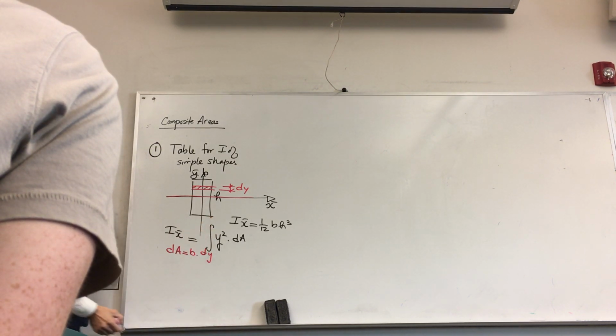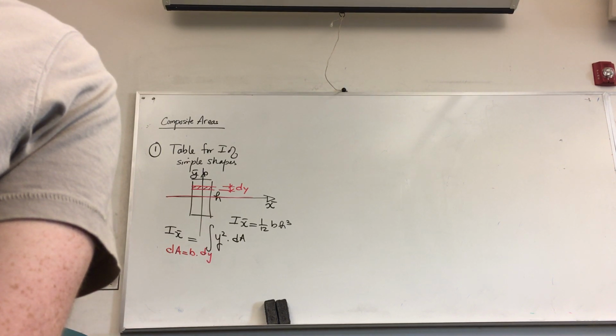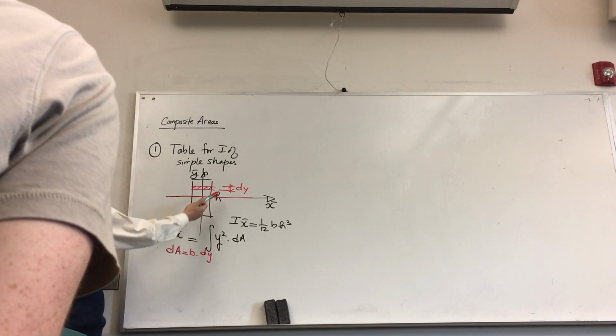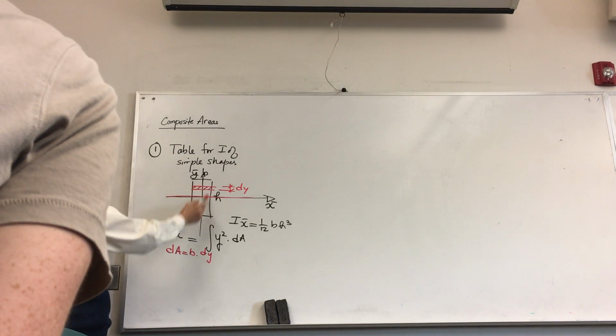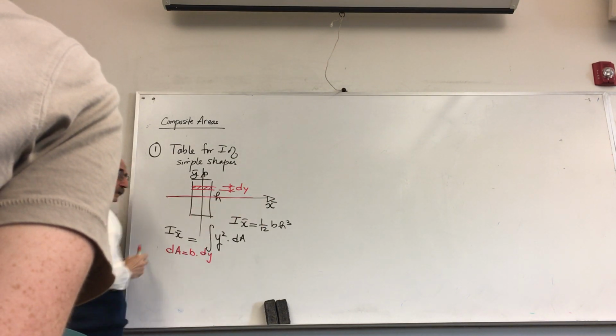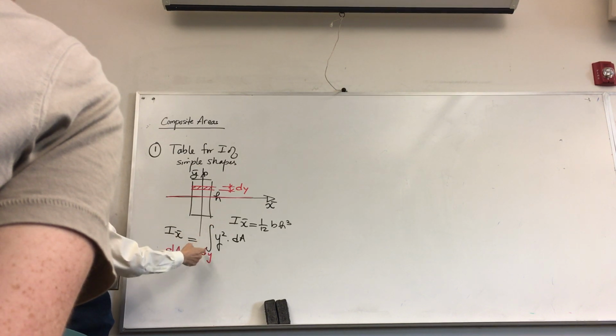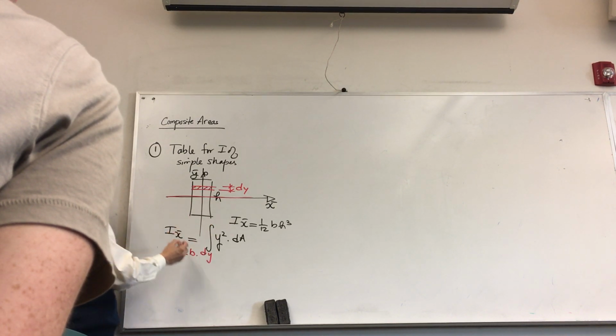So if you want to perform this integration, this y varies from here to here. But since this area is symmetric with respect to this axis, I consider half of this area and multiply that by 2.